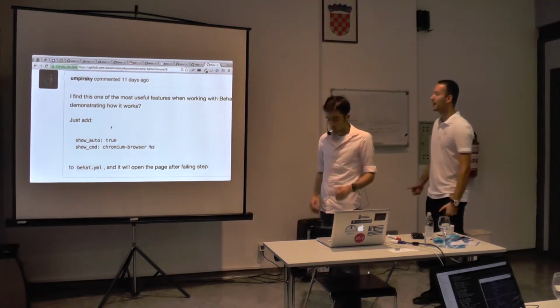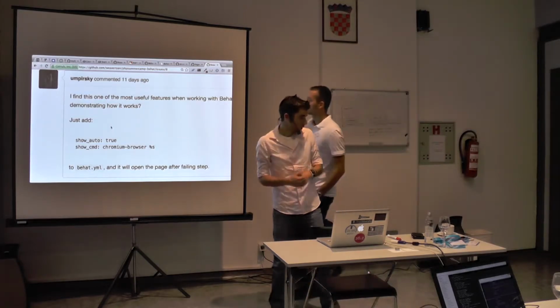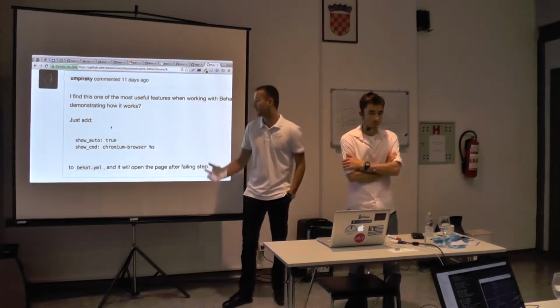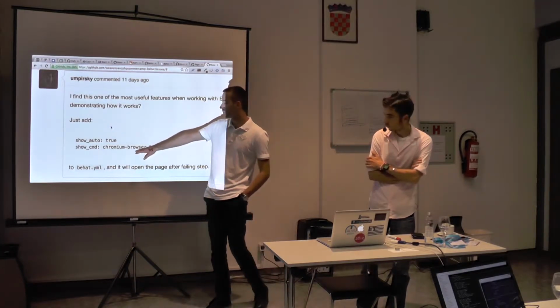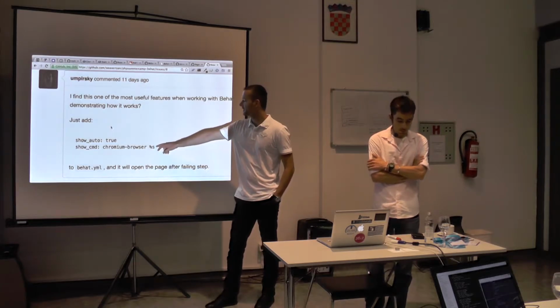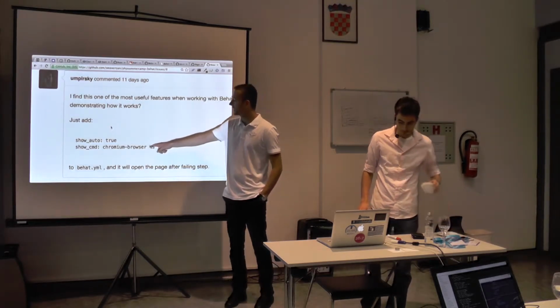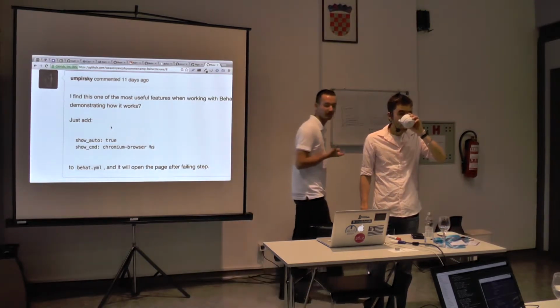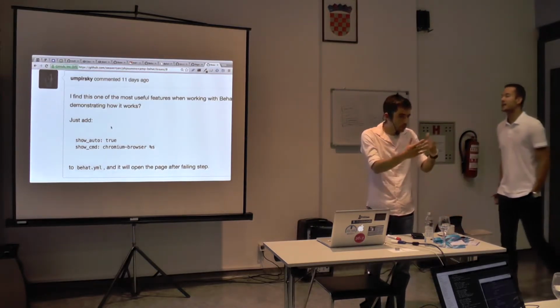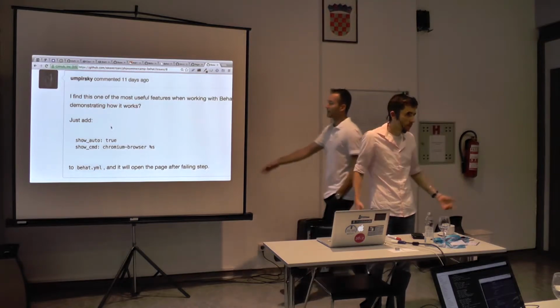And show command will actually tell Behat how to open the page. For example, I use Chrome browser, and the command is Chrome browser %s. And Behat will replace this with a temporary HTML file of the response. So it's like the terminal, except it opens it in a browser for you, so you can actually see it.